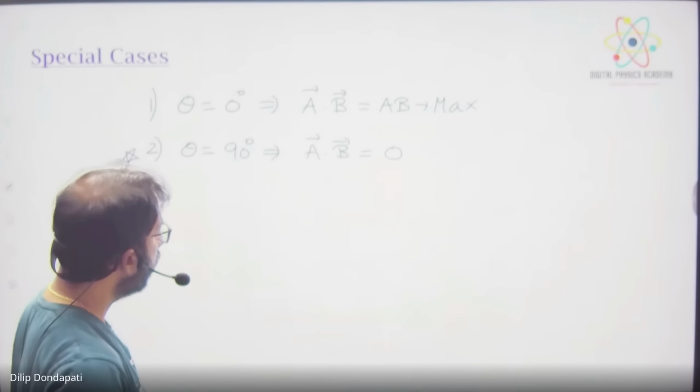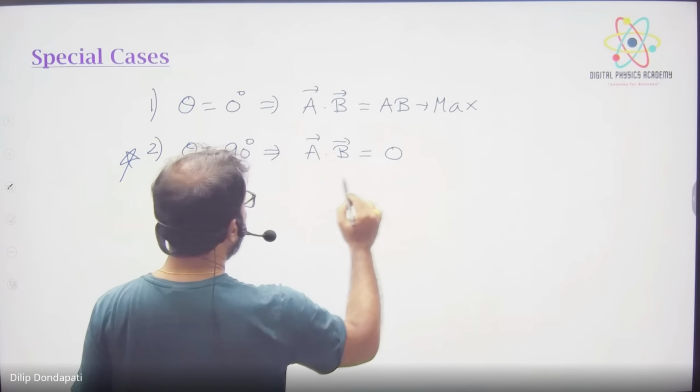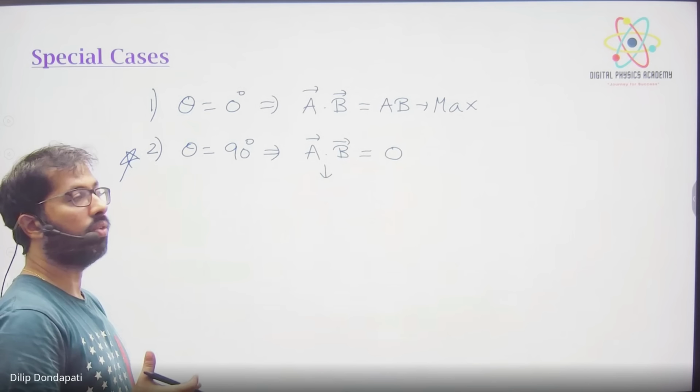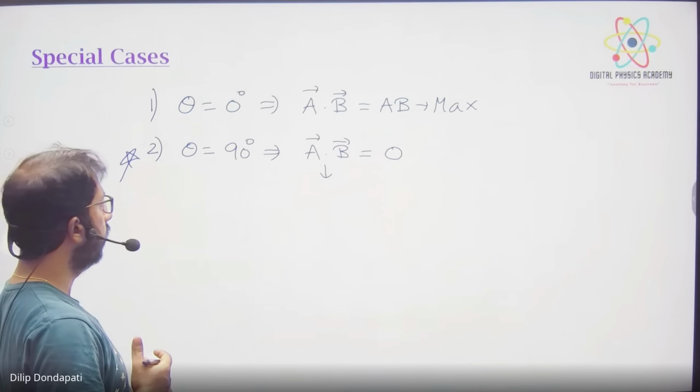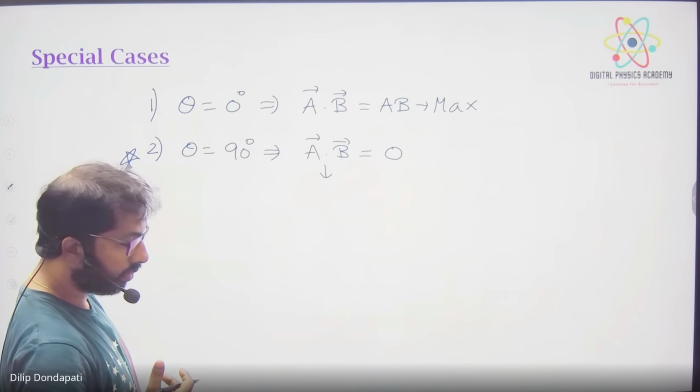So dot product is 0. लिख लो, dot product of two perpendicular vectors is always 0. Okay. Yes. So these are the things about it.